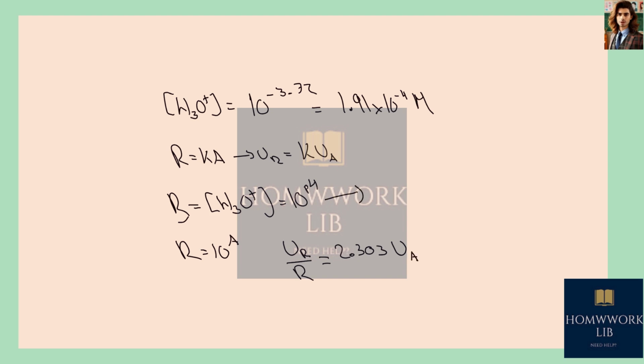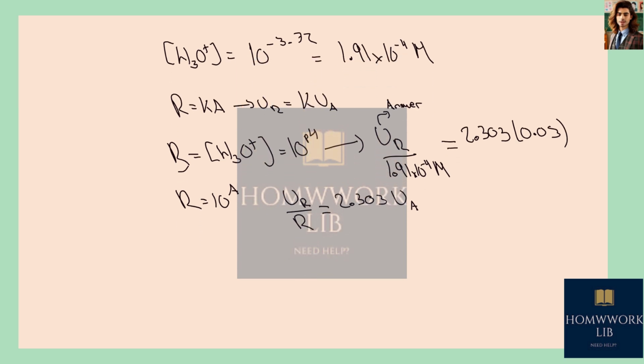What this is going to look like for us is the uncertainty of r, which is the value that we want to get, the answer to our problem, divided by the value for concentration, the one that we just found, 1.91 times 10 to the minus 4 molar, is going to be equal to 2.303 times the uncertainty on the pH, and that value is 0.03. Okay? So this is called propagation of uncertainty.